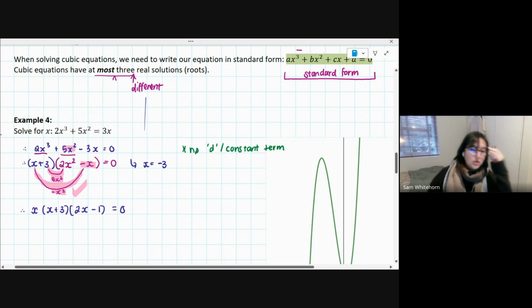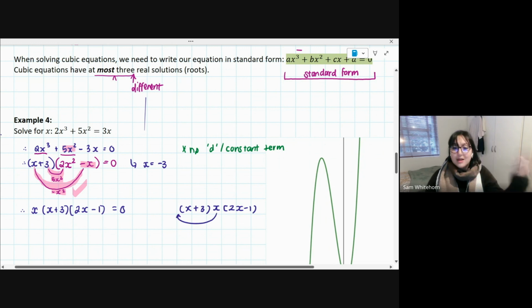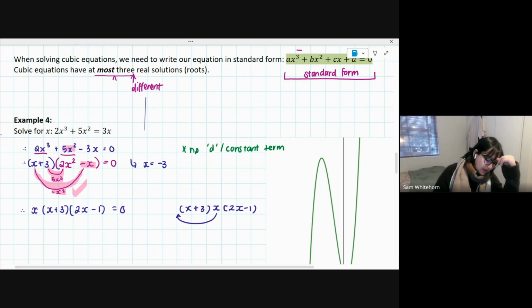Now, guys, remember, when you have a highest common factor, you put it right at the start. Some of you might feel more comfortable to write this initially as something like this and then move your x to the front. That's absolutely fine. As long as you take out the highest common factor, you're okay. Now that we've done that, we can go that step further and actually solve for x. So first factor, x equals 0. That's done.